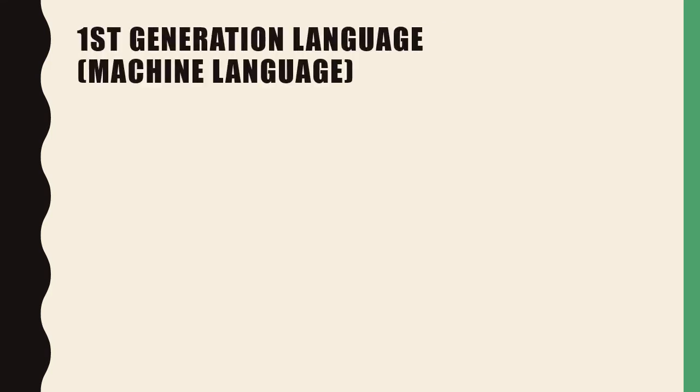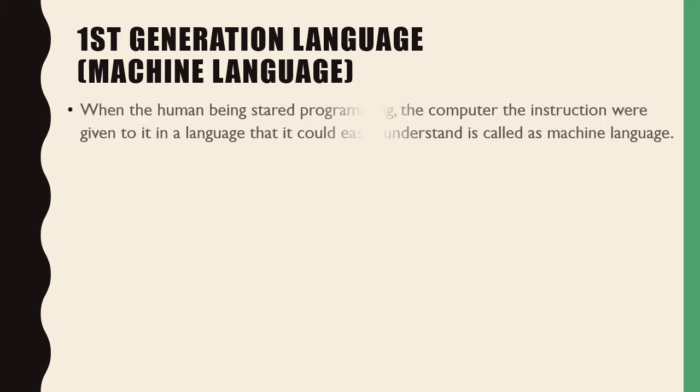First generation language, which is known as machine language. When the human being started programming the computer, instructions were given to it in a language that it could easily understand, called machine language.